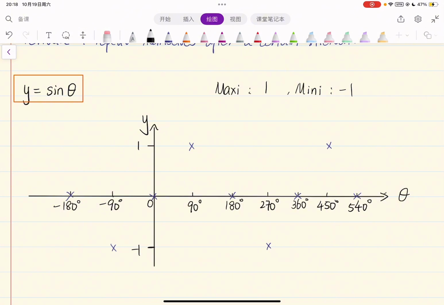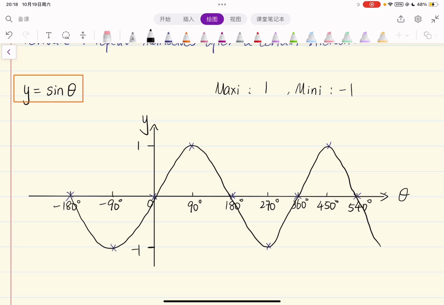Now we can draw a wave to link these points. It looks like that. So that is the graph of y equals sine theta.